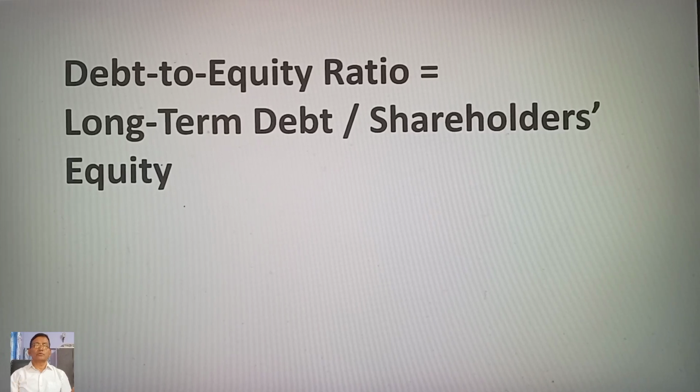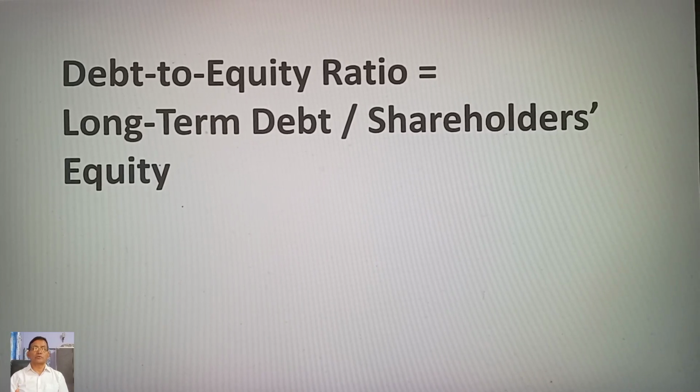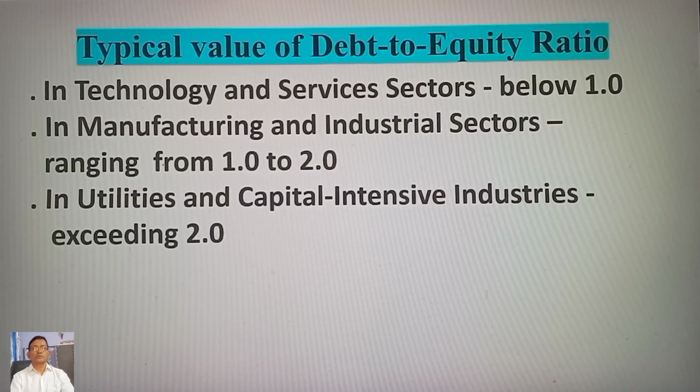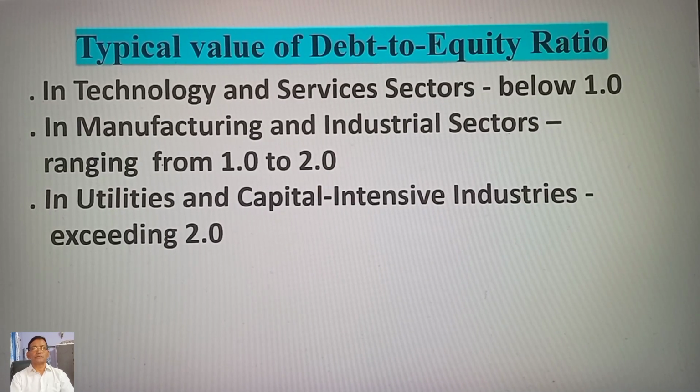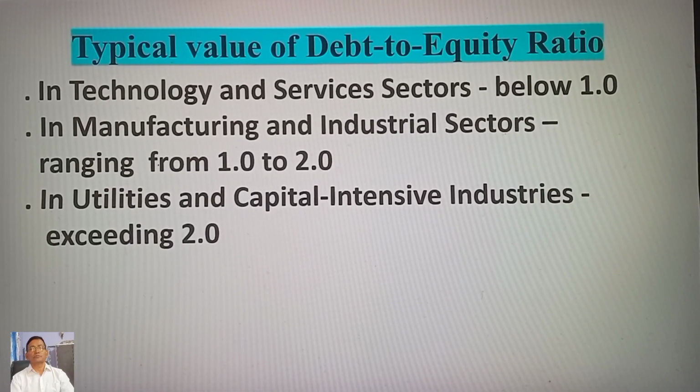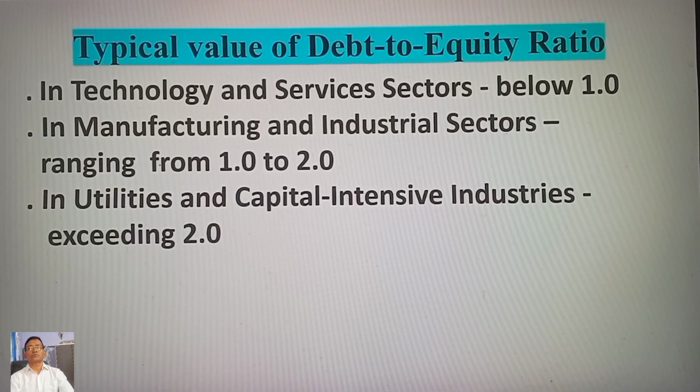The acceptable debt to equity ratio varies significantly across industries. Some typical values of debt to equity ratios are: in technology and service sectors, the debt to equity ratio is typically below 1 due to lower capital requirements and a preference for equity financing.